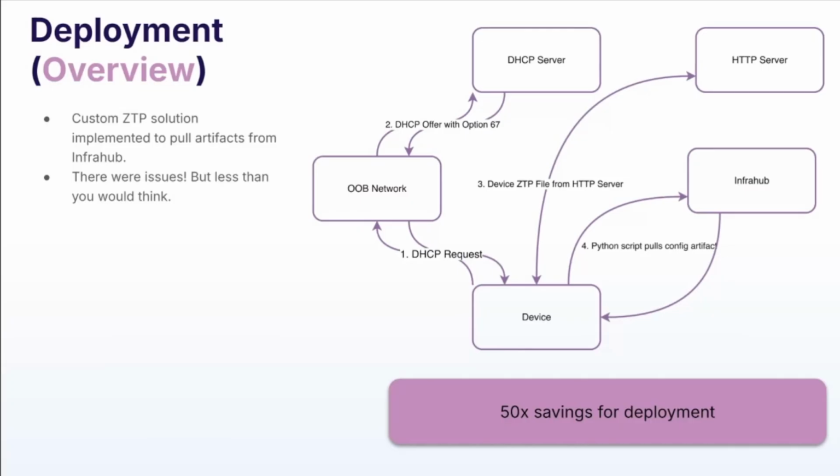The first time they turned on the device, we used DHCP ZTP, which will pull a Python file from an HTTP server. The Python file then queries Infrahub for the current up-to-date artifact for that device, and then it starts running. An important part of the process is that it will do the upgrade as well. It will upgrade to the correct version and then pull the correct configuration.